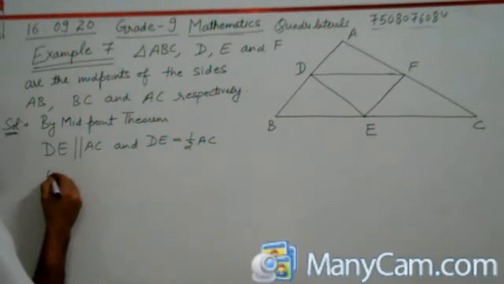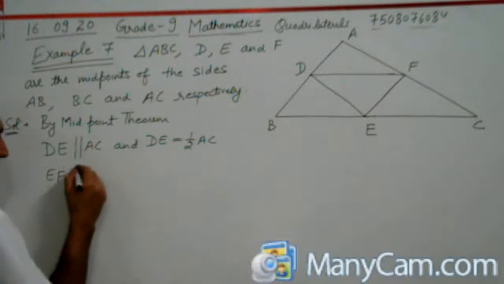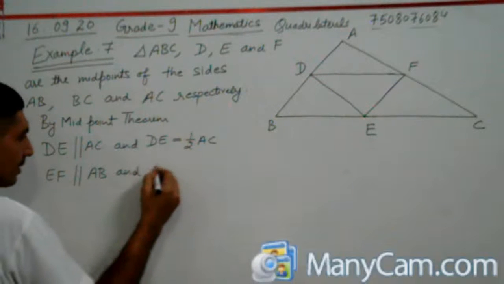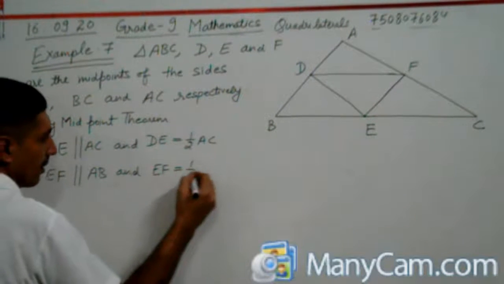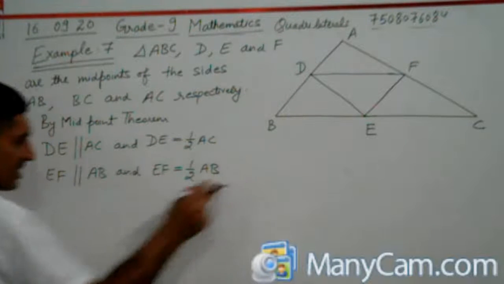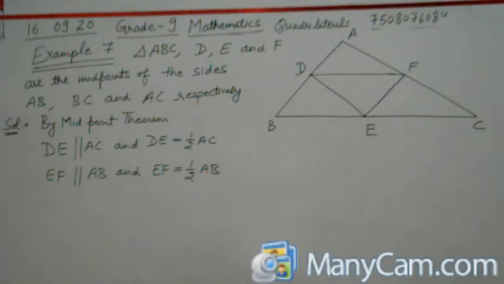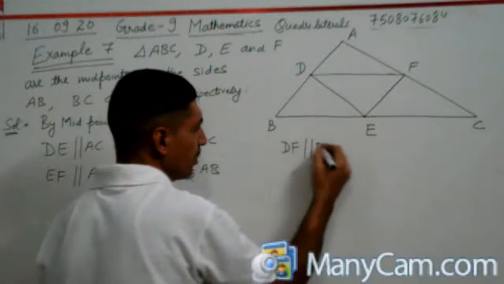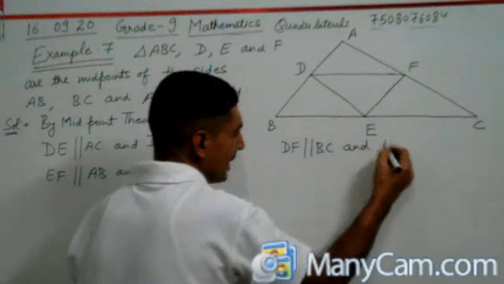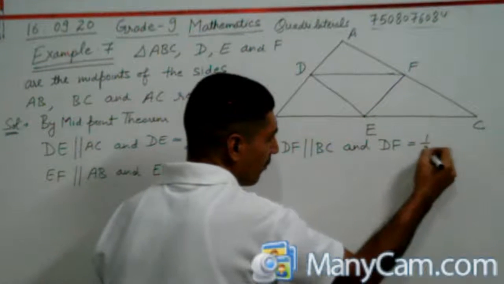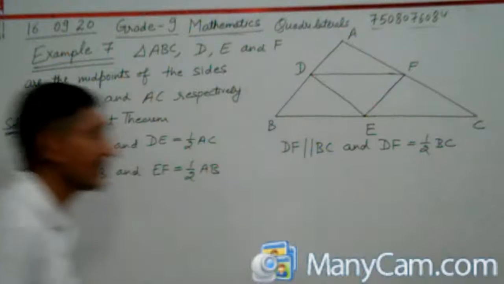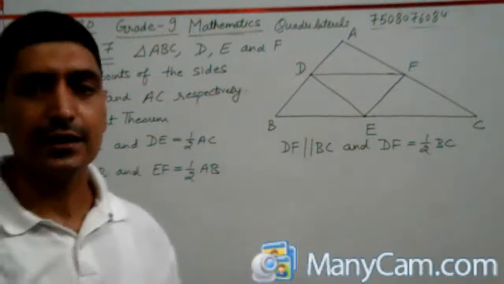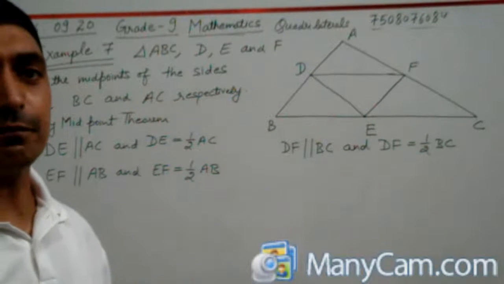Second, EF is parallel to AB and EF is equal to half of AB. Even here, DF is parallel to BC and DF is equal to half of BC. All these three statements are the statement of the midpoint theorem.